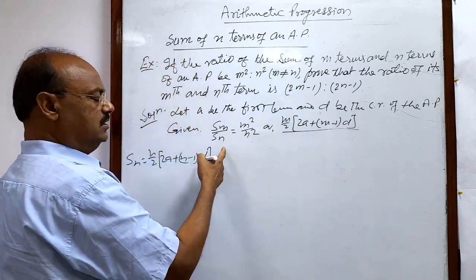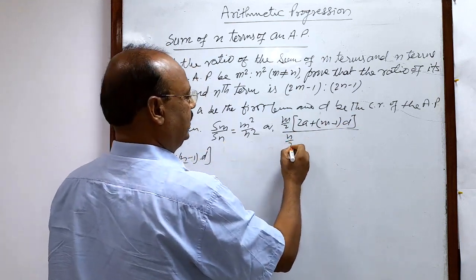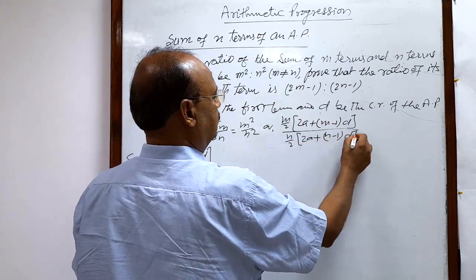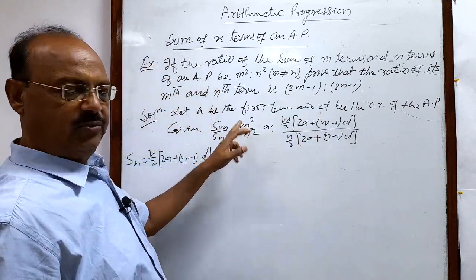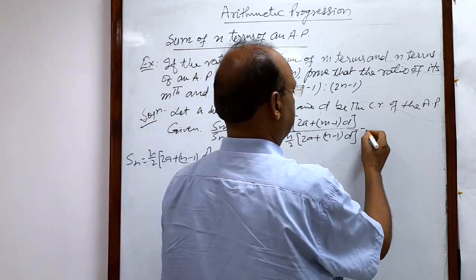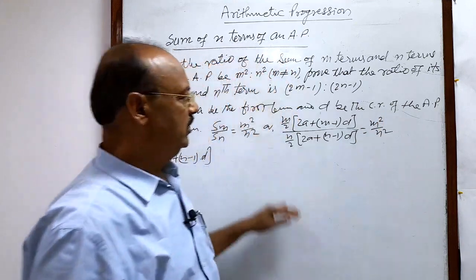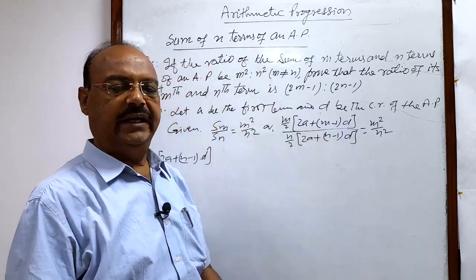Similarly, Sn is n by 2 into (2a plus (n minus 1) into d). And this ratio is given as m square by n square. Now let us simplify it and try to get a relation between a and d.